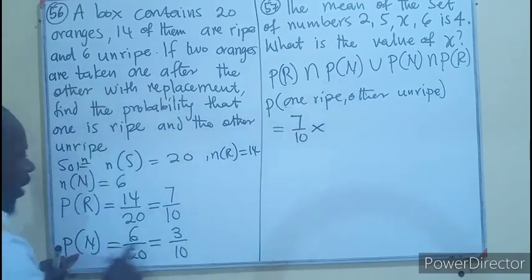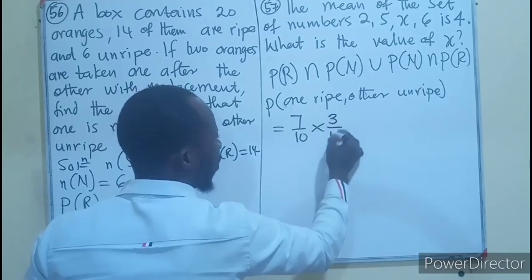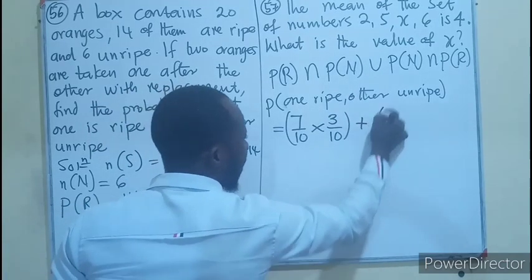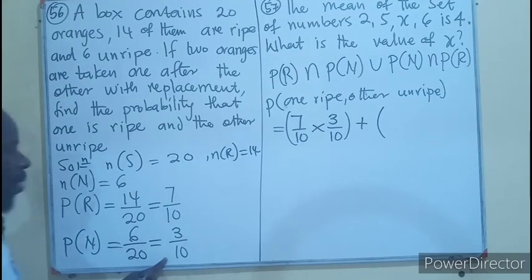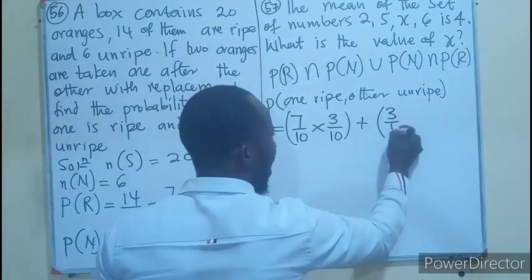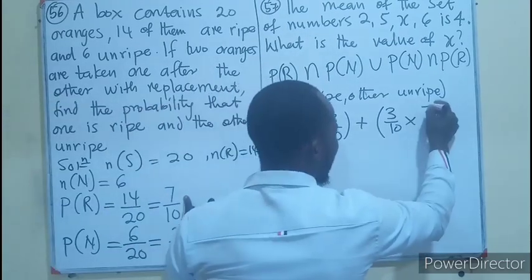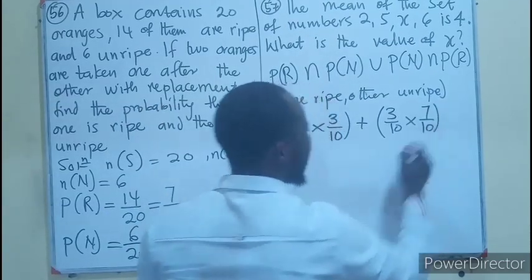Then we are going for unripe, which will be 3 out of 10. We know the union is addition. Then the unripe probability, which is still 3 out of 10, times the ripe probability, which will be 7 out of 10.